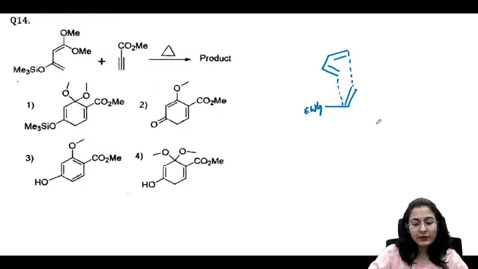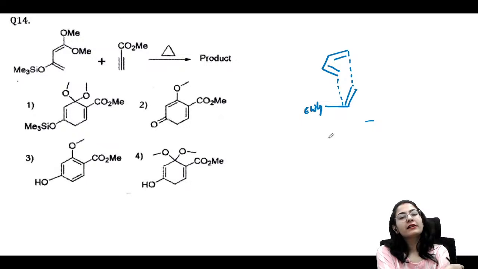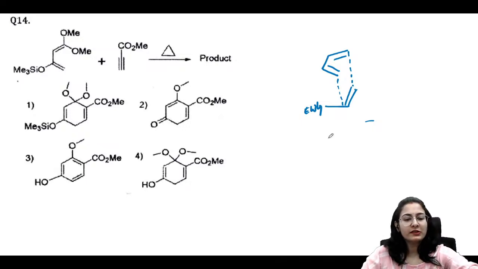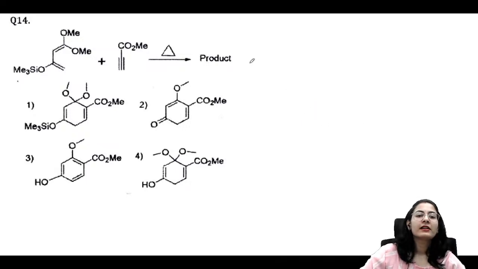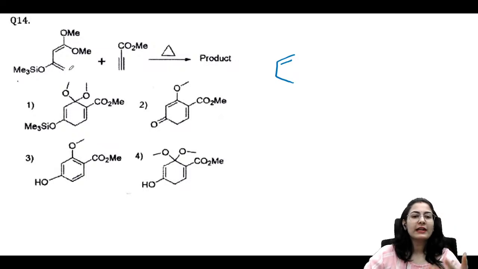Yeah, what about this one? Okay, we can do this one thing. We can try out two possibilities. So which is a more electron rich carbon over here?